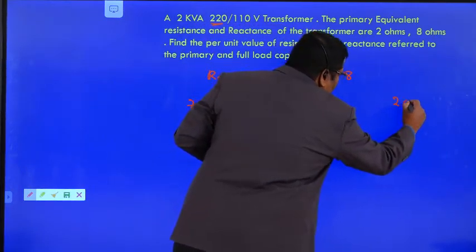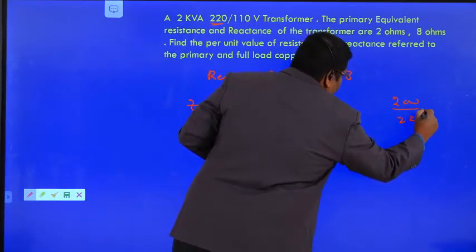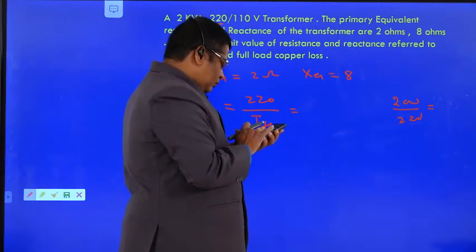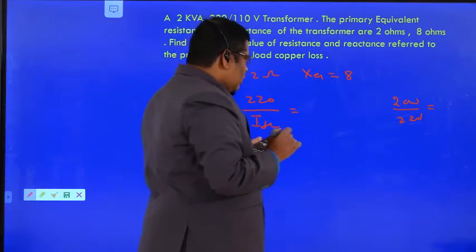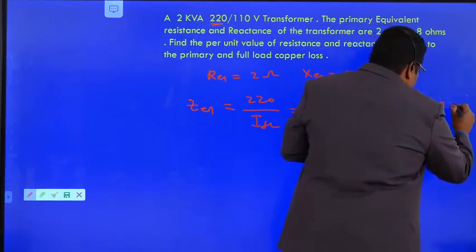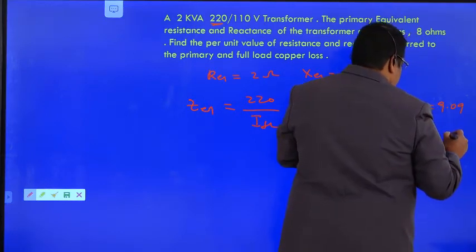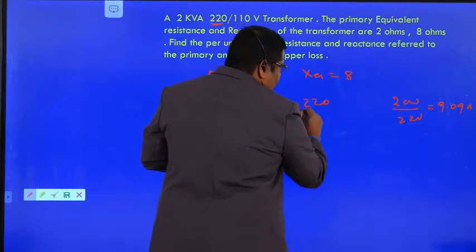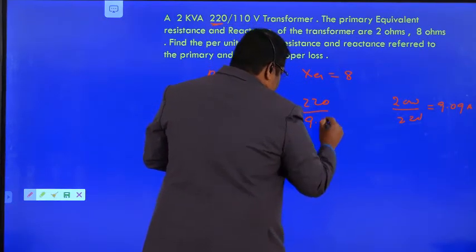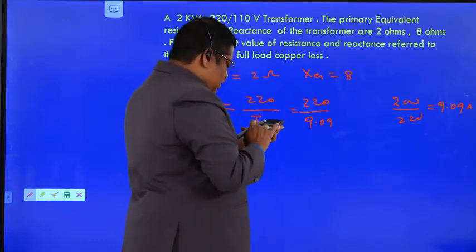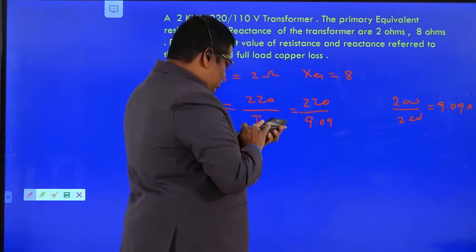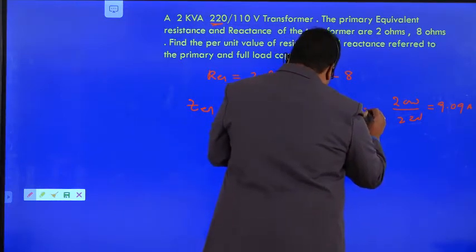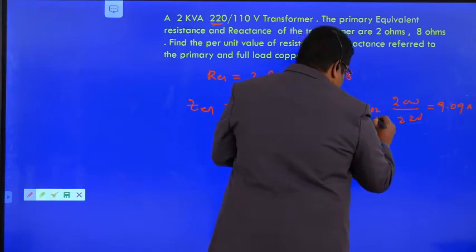That is 2 kVA divided by 220 volts, that is 9.09 amperes. So take this value here: 220 divided by 9.09, you are getting 24.202 ohms.